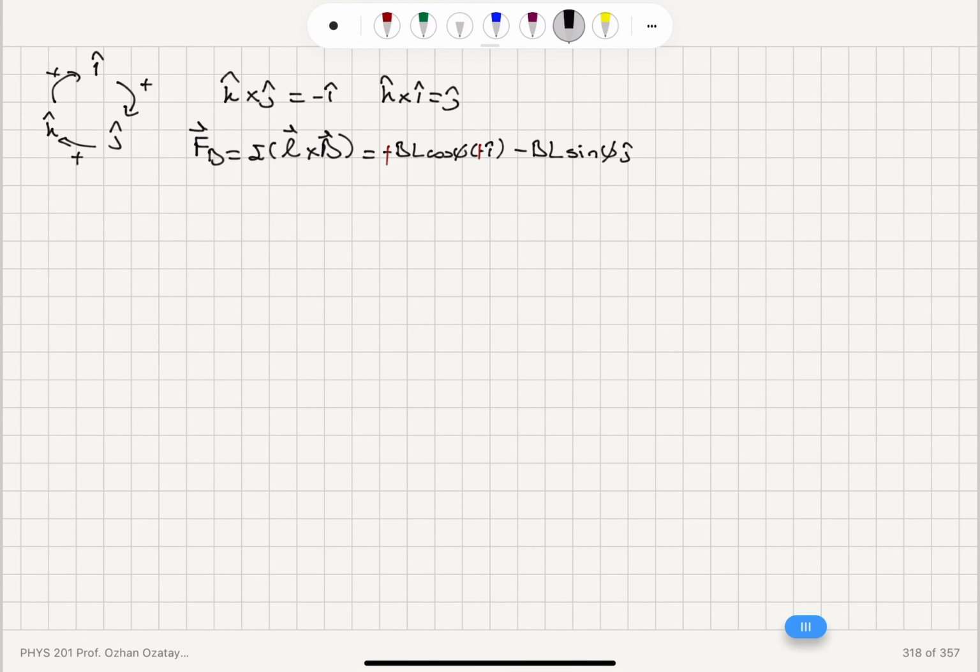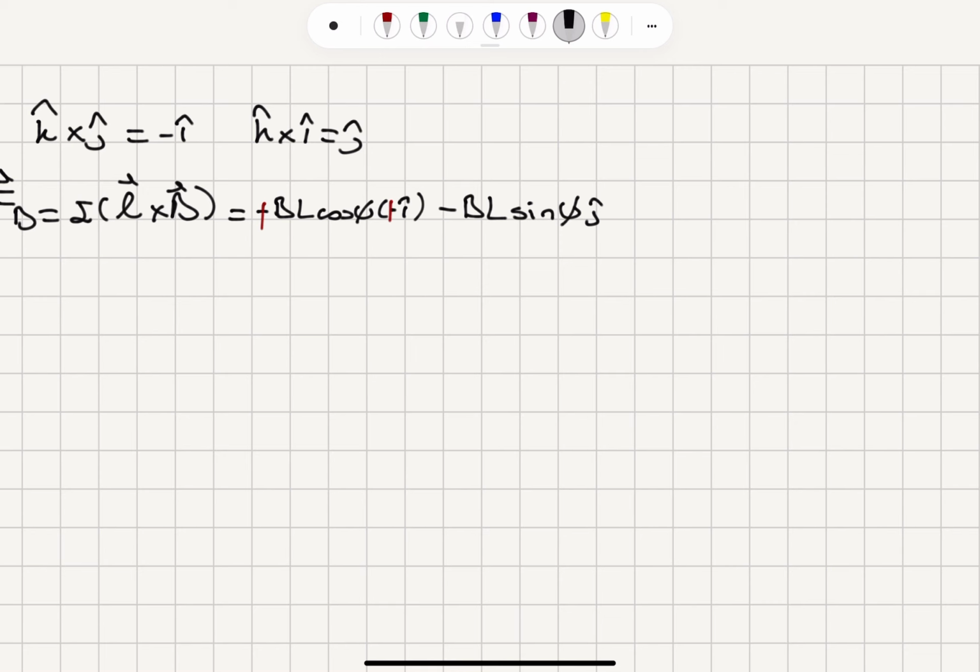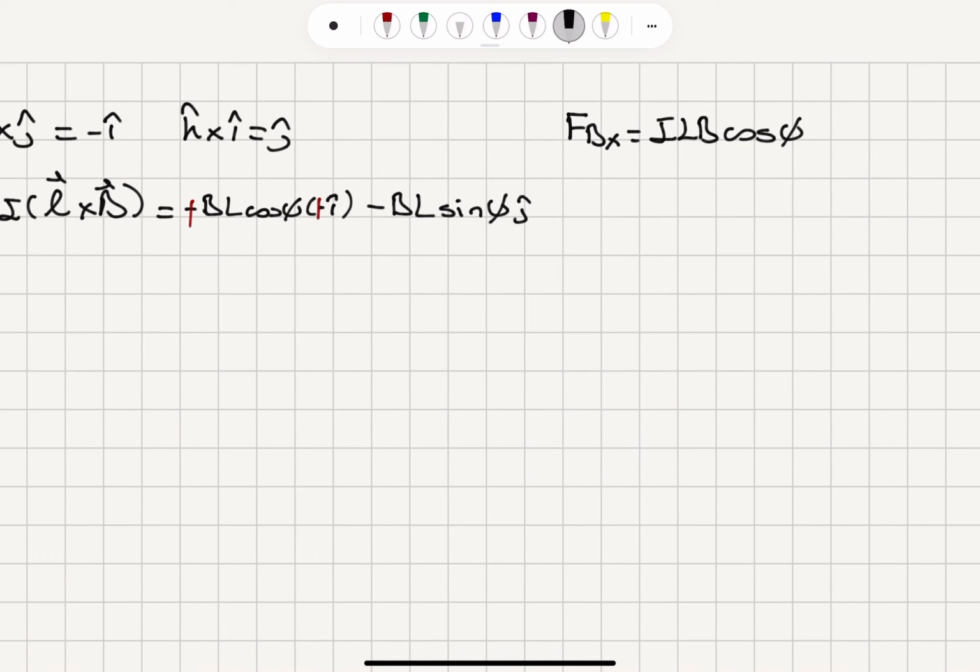So we will see that we have Fbx, which is ILB cosine phi, equal to mg sine phi at equilibrium. So this is when the terminal speed, V terminal, is reached.